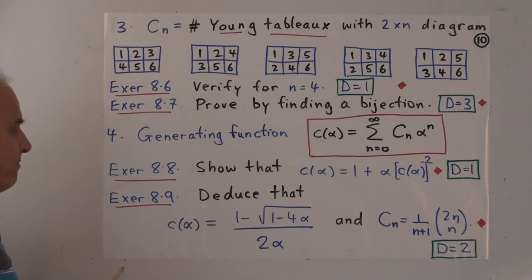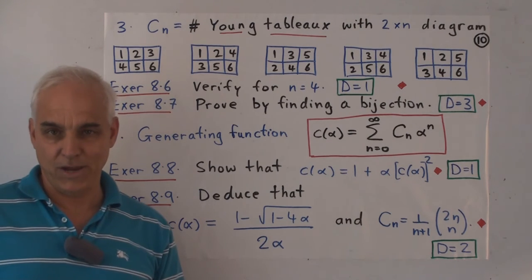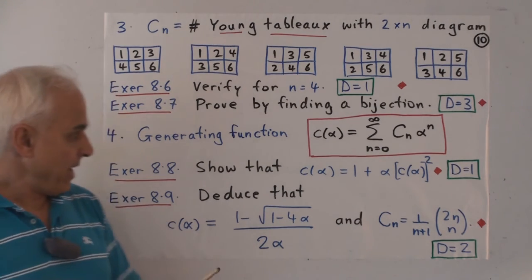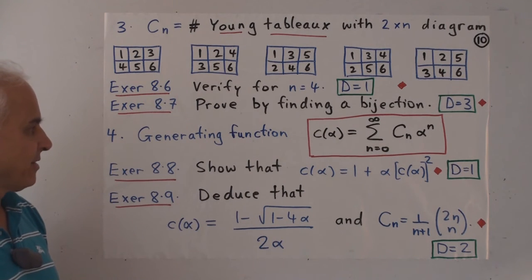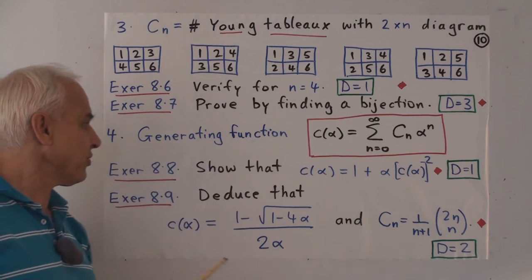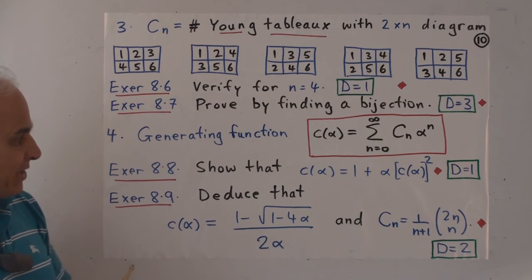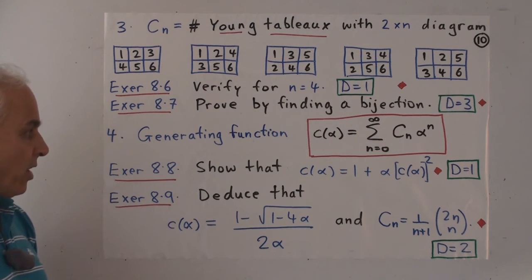Finally, I'd like to mention very briefly an aspect of sequences that links combinatorics in a very profound way with algebra. This is usually called the theory of generating functions, although I would prefer to use the term generating series because I think that's really more what's going on.